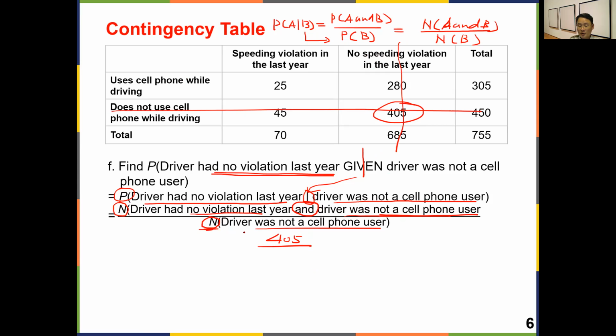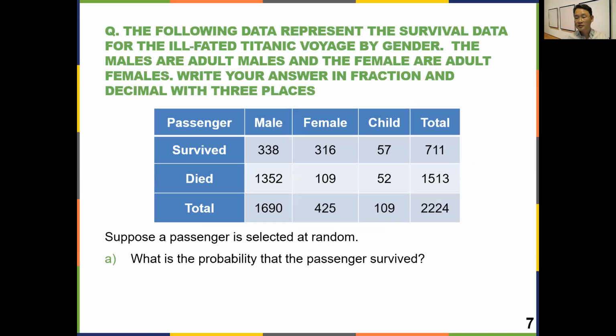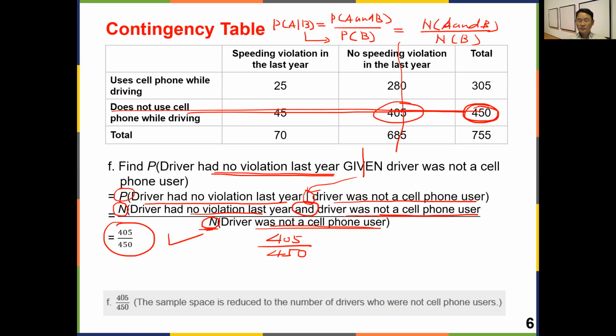What about the bottom number? How many of them, driver, not used cell phone? Not used cell phone total number is right here, 450. Right there. And that's our answer. Okay, so this is not super crazy. This is not too bad.